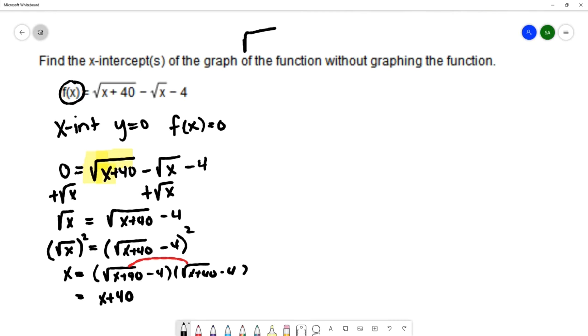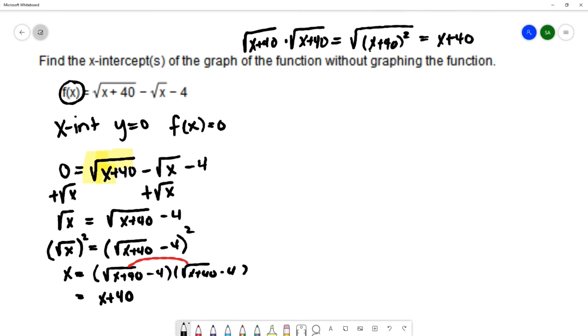I'm doing square root of x plus 40 times square root of x plus 40. And when we multiply radicals together, we multiply what's underneath them. So this becomes x plus 40 squared underneath the radical, and the square root and the square cancel each other out, and you get x plus 40.